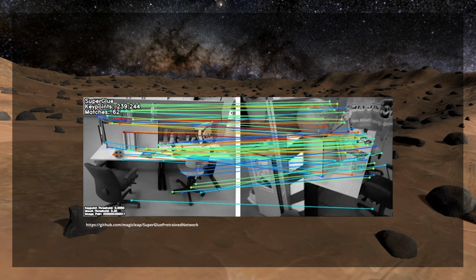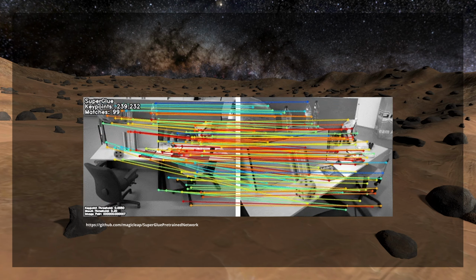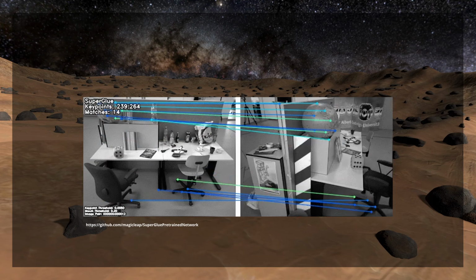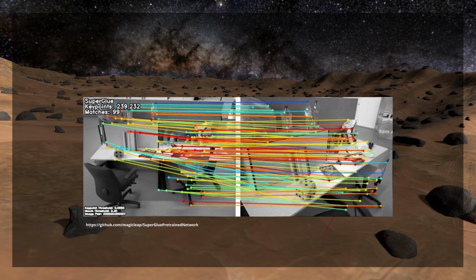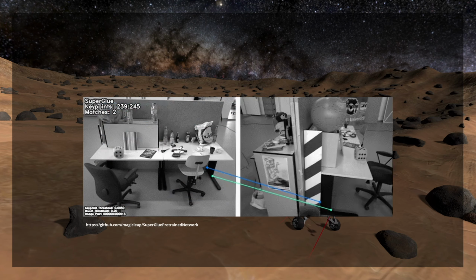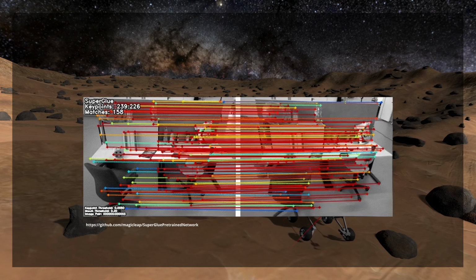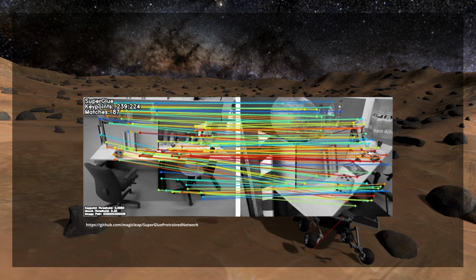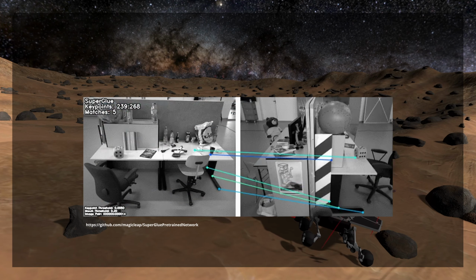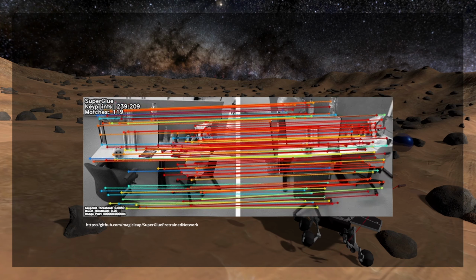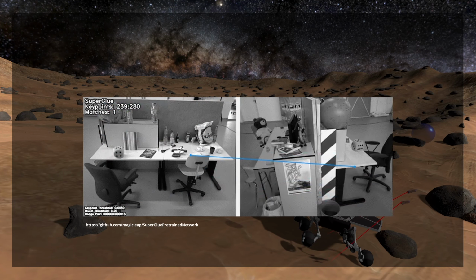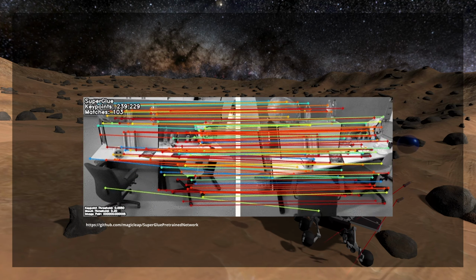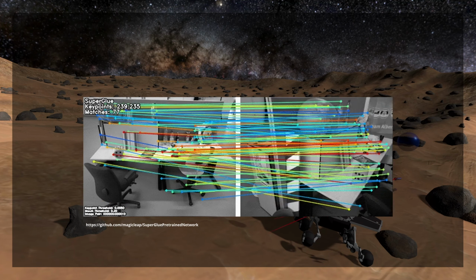And you can see these colored lines, which represent matches the neural network thinks it has found. And the red color represents a high confidence, and then as the lines are colored towards blue, the confidence of the neural network decreases, and you can see that in the beginning it's very confident, but as the transformation of the scene continues to increase, the neural network becomes less and less confident that it has found correct matches.